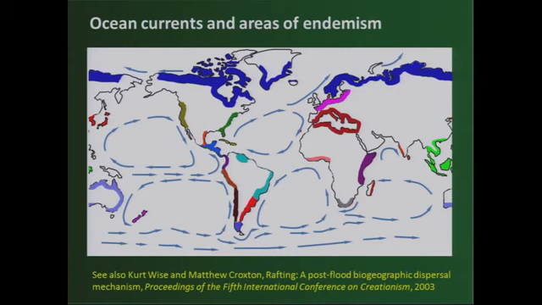We see, for example, a number of currents circulating around the Pacific, also the Atlantic, and the Indian Ocean. So it's reasonable to think that ocean currents would have transported the log mats to these areas.